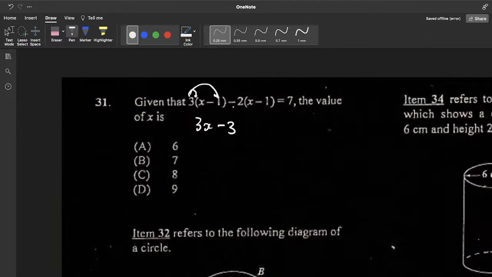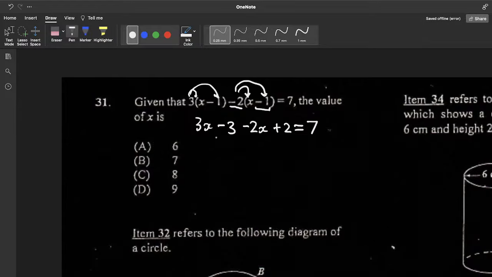Now for this one it says minus 2 times x, which gives us minus 2x. Now this is the one you have to be careful for. Minus 2 times minus 1. A negative times a negative is positive. So we get positive 2, which is equal to 7.